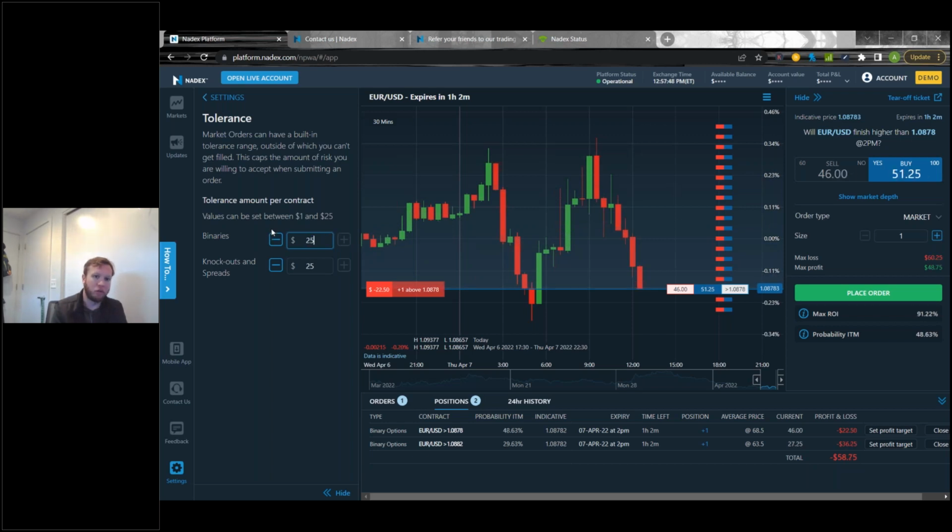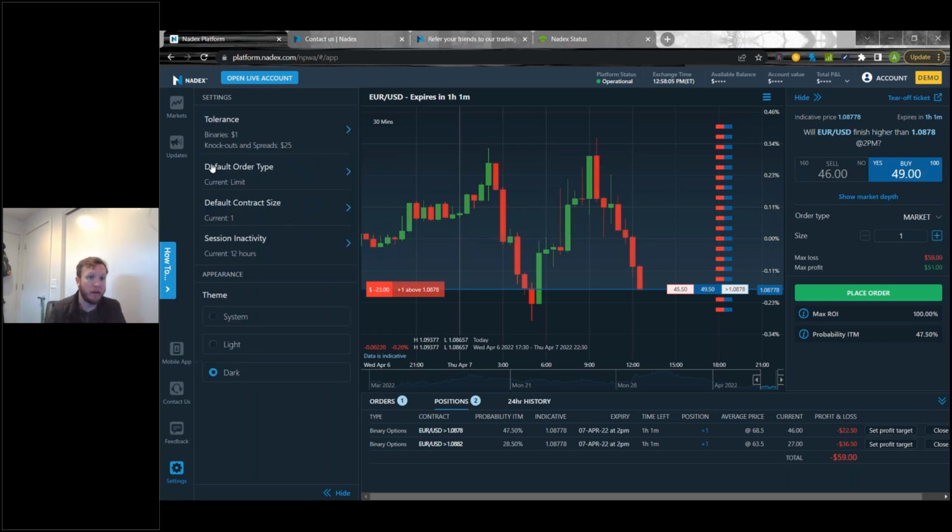If you go up to 25, right, it's basically going to fill you at anything within $25 away, which is most times, but you might get a little bit of what we call slippage on that market order when you get in. So that's very, very quickly what that tolerance is. We have some articles on the site as well if you want a bigger deep dive into what I'm talking about here. But very basically, we try to protect you from paying what you didn't think you were going to pay for the market order.